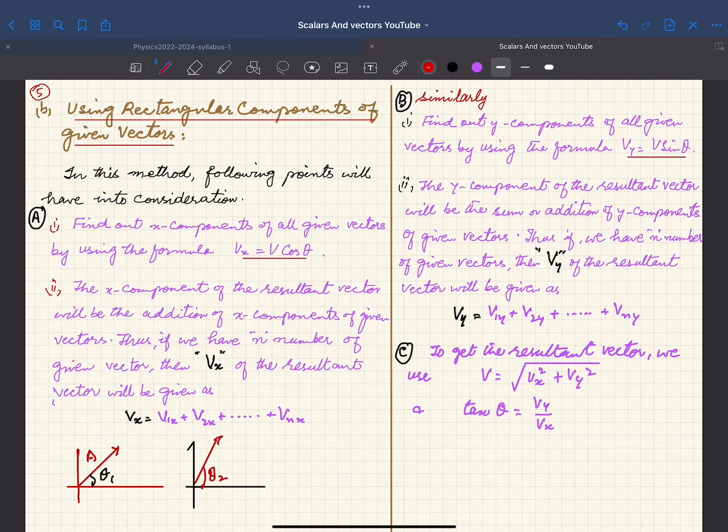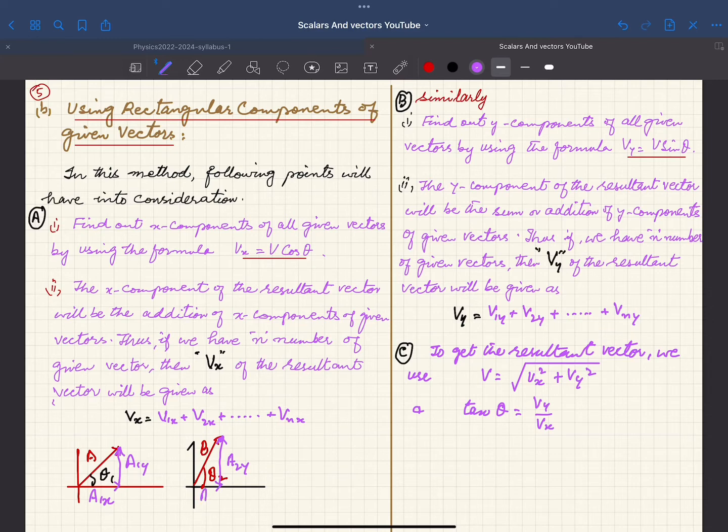So in this case, you have to consider their rectangular components, and you will resolve the given vectors into their rectangular components. Like suppose this is your a1y and this is your a1x, as we have discussed the rectangular components before as well. I'm just quickly completing this part.